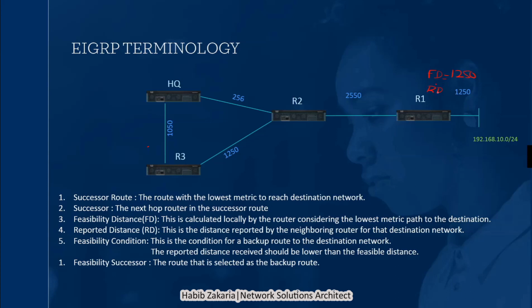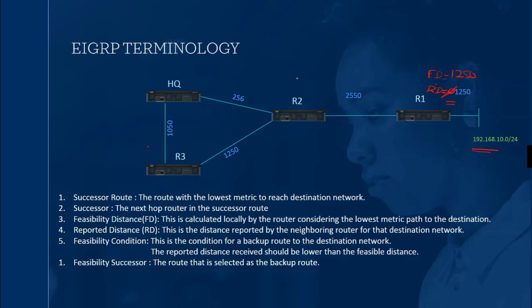And what about the reported distance? The reported distance will be 0 here, because this network is directly connected and there is no other router reporting to R1 about the distance to this network. So it's logically understood that this is 0 for now, because there's nothing else reporting to R1 with regard to that network.